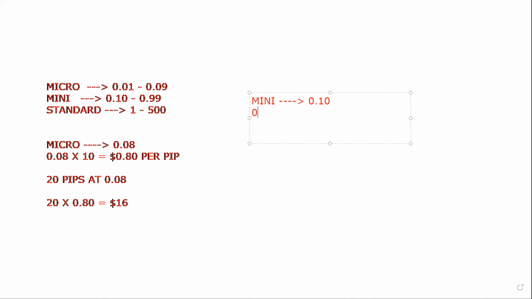Simply multiply it by 10, 0.10 times 10, and you arrive at $1 per pip. It means that if you're using a mini lot of 0.1, 1 pip is worth $1 to you. So if you take entry on a trade and you are in 10 pips profit, what does it mean? It means you're in profit of 10 times the value of the pip.